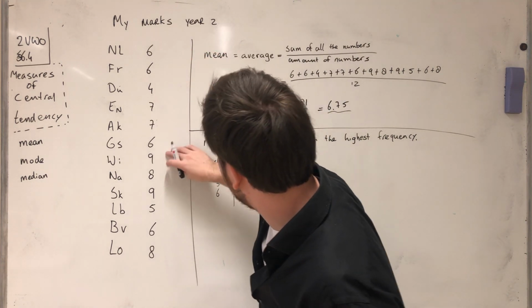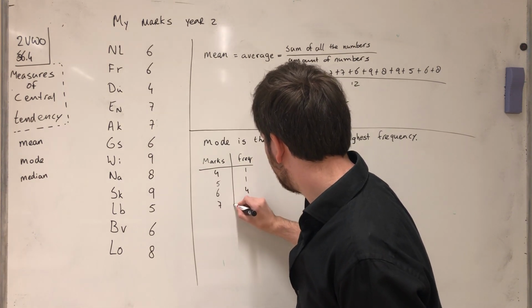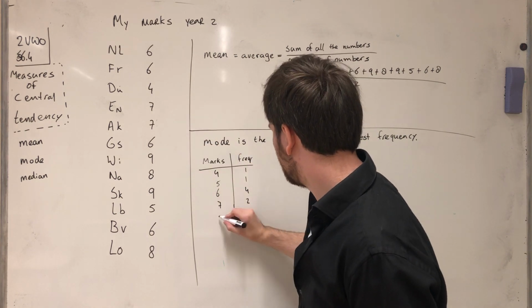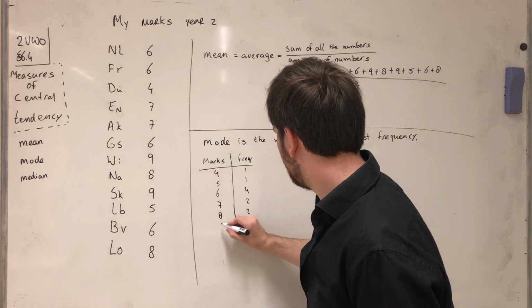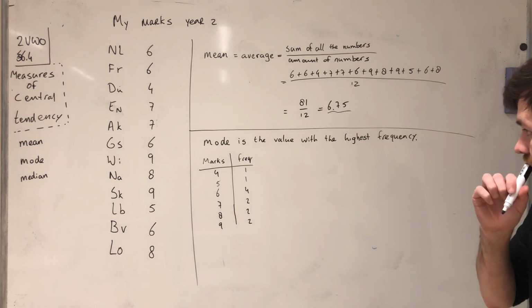6, 6, 6 and another one, so there are 4 6s. If I'm looking at the 7s, then there's 2 7s. There are 2 8s and 2 9s. This means that there is a very clear mode.